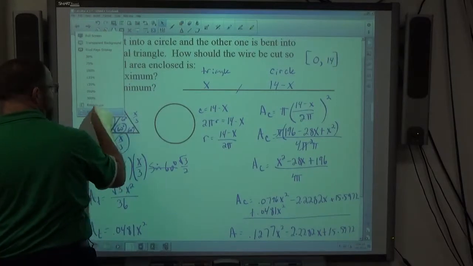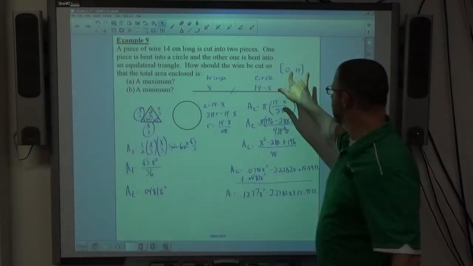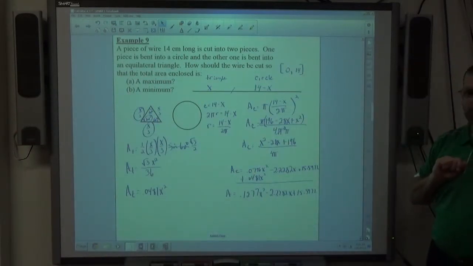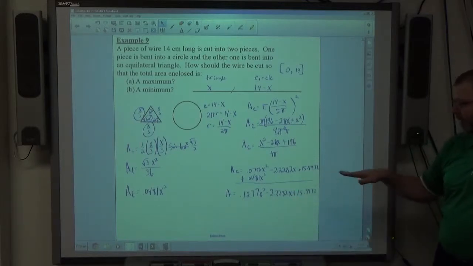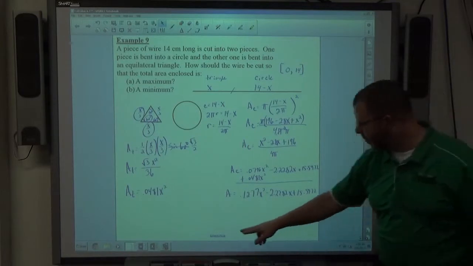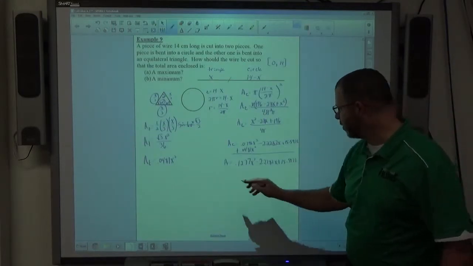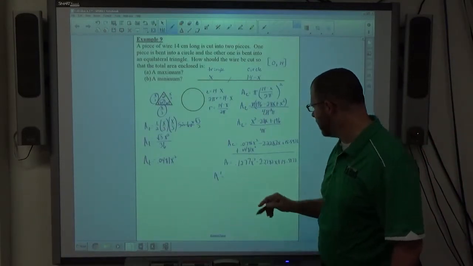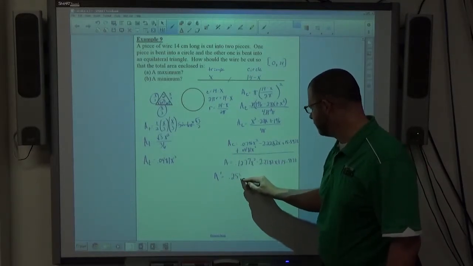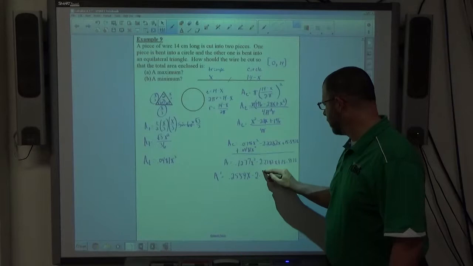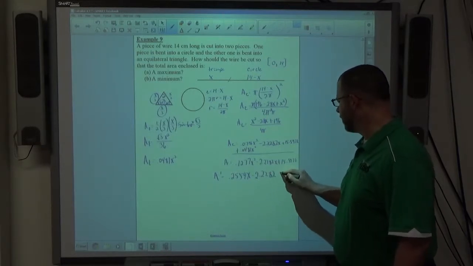As far as finding the critical numbers is concerned, obviously 0 and 14 are critical numbers, they're endpoints. Polynomial functions aren't undefined, so we don't have to worry about that. So I basically just have to find where this derivative equals 0, so I've got to first find the derivative. A prime is going to be 0.2554x minus 2.2282, set that equal to 0.